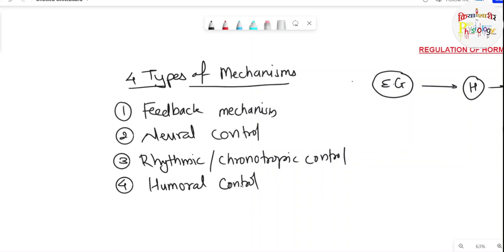All these mechanisms work together in a synchronized pattern. This is known as multiplicity of regulation of hormone secretion.